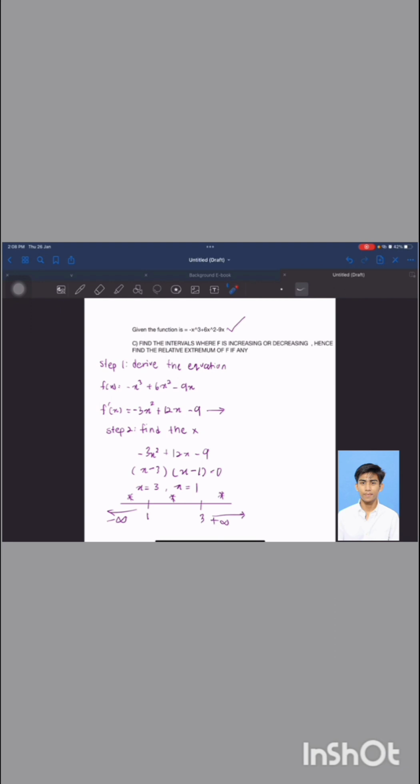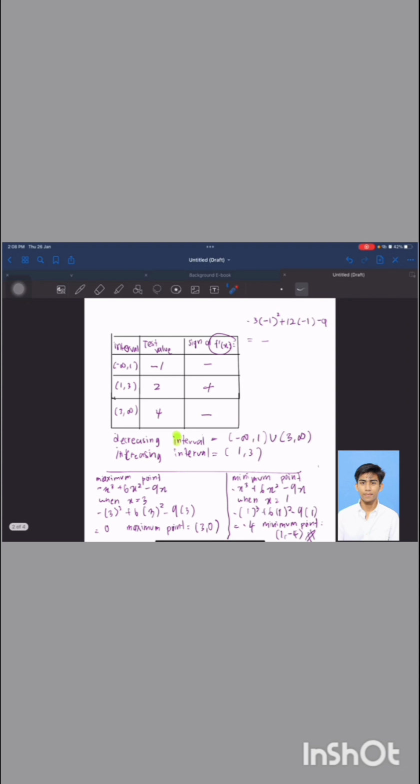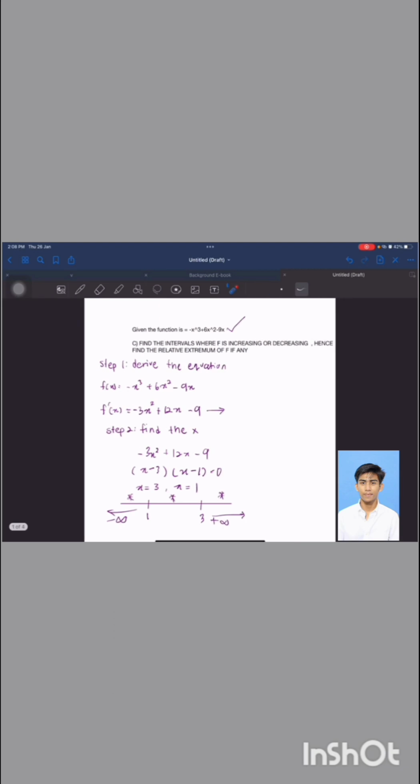Then you make the critical line. This is step 3. You need to make a critical line to determine whether 3 is first, or 1 is first. Okay, then you need to do this table. Then you need to determine the interval by using this critical line.